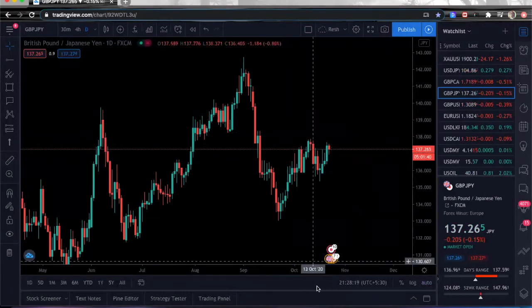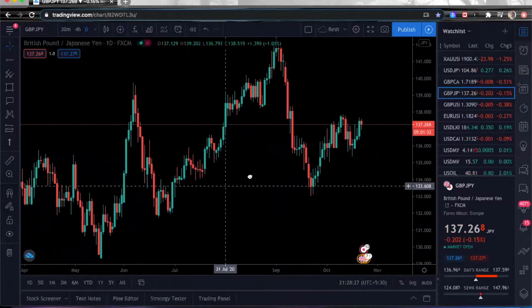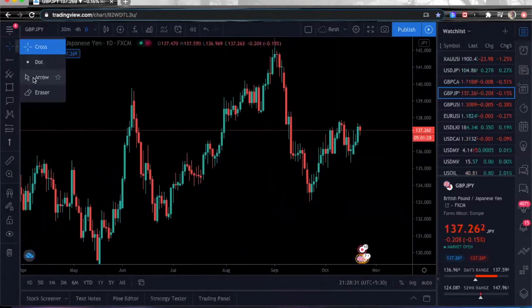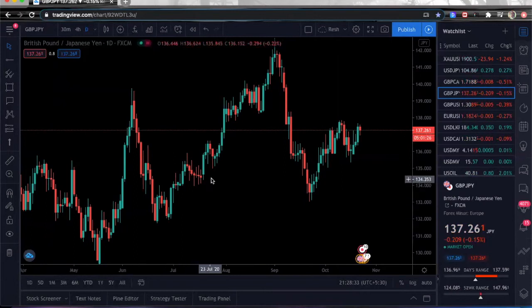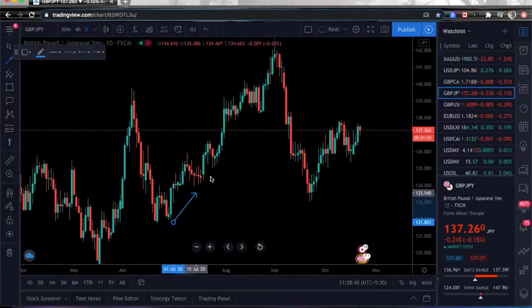So basically I am buying sterling pounds against Japanese yen. For example, GBP against JPY. If I were to buy this, you see that there has been appreciation.